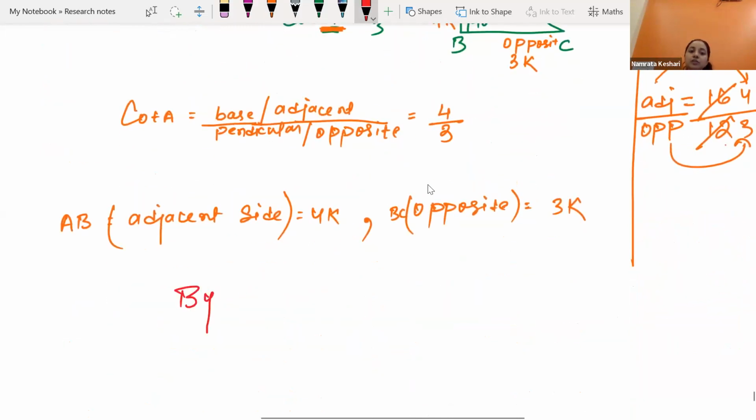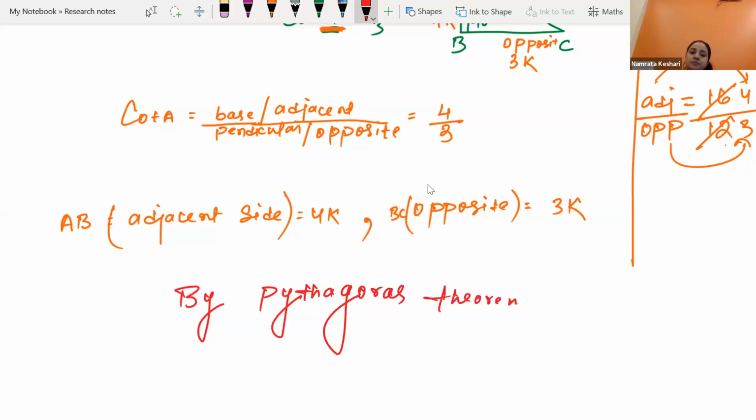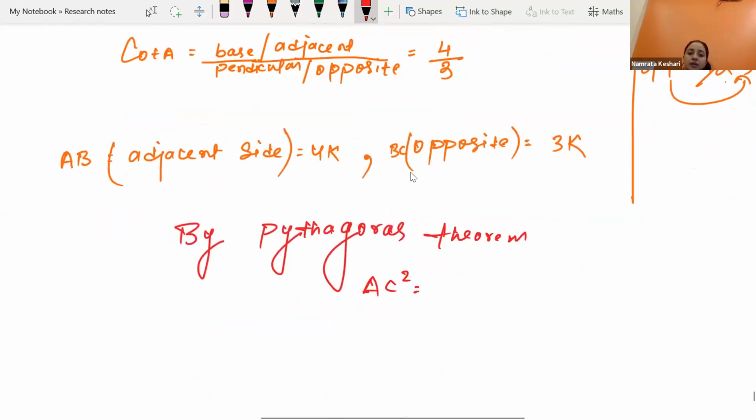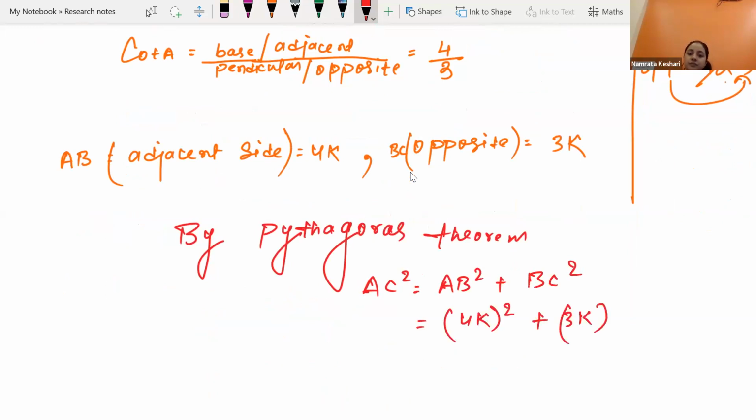By Pythagoras theorem, hypotenuse square is equal to perpendicular square plus base square, AB square plus BC square. This is how you must calculate, and now you will be getting 5k. AC is just 5k. Actually, AC will be plus minus 5k, but since we are talking about the length of the side, that cannot be negative. We will be taking positive 5k.